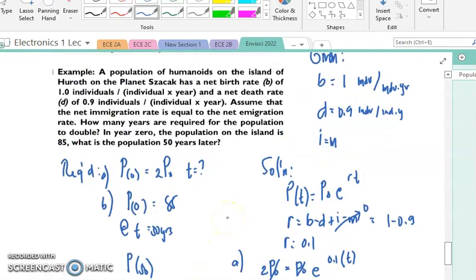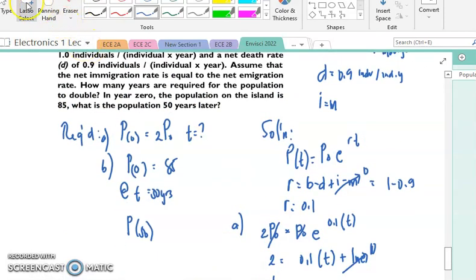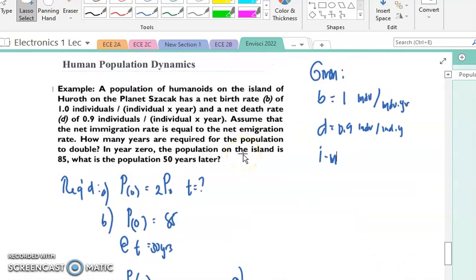For our first example, a population of humanoids on an island of Urot on the planet Zakak, so this is probably just a made-up story, has a net birth rate of 1 individual per individual per year.